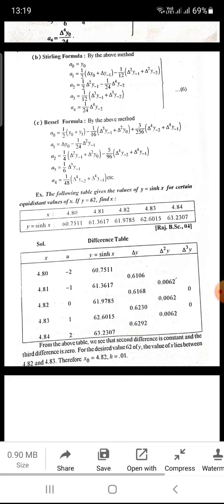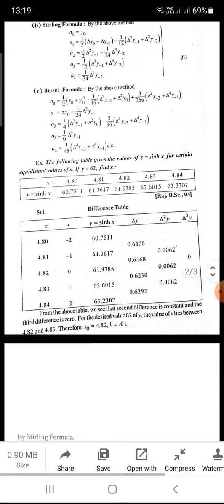A1 will be delta y0 minus 1 upon 24 del square y minus 1. A2 will be 1 upon 4 (del square y minus 1 plus del square y0) minus 5 upon 96 (del 4 y minus 2 plus del 4 y minus 1) and A3 will be 1 upon 6 del cube y minus 1 and A4 will be 1 upon 48 (del 4 y minus 2 plus del 4 y minus 1).